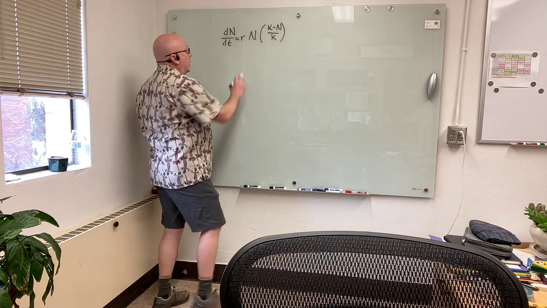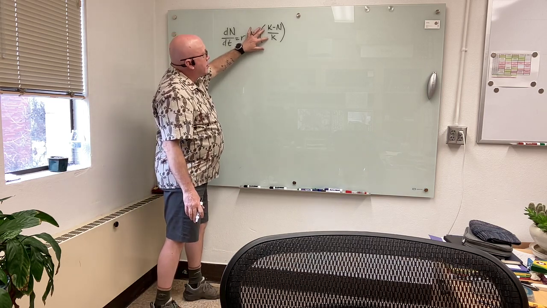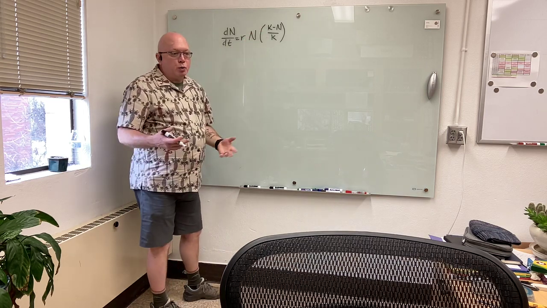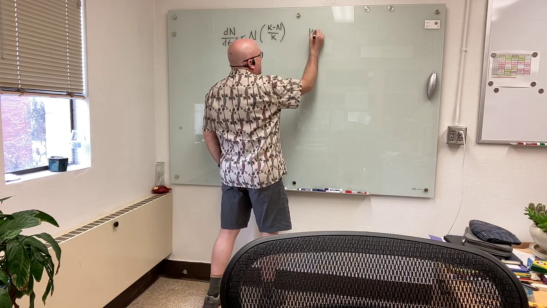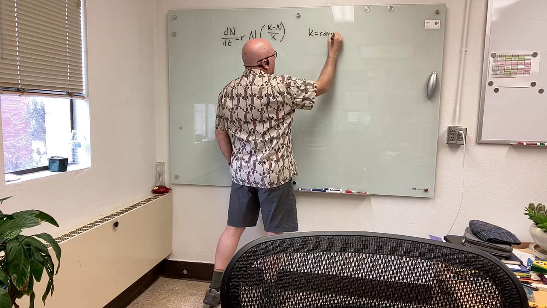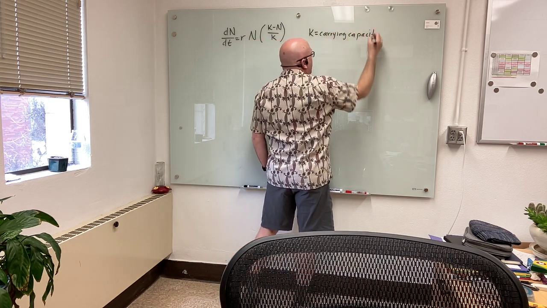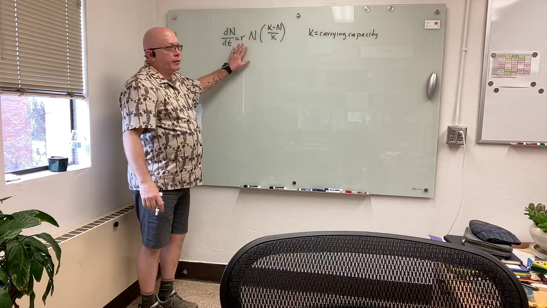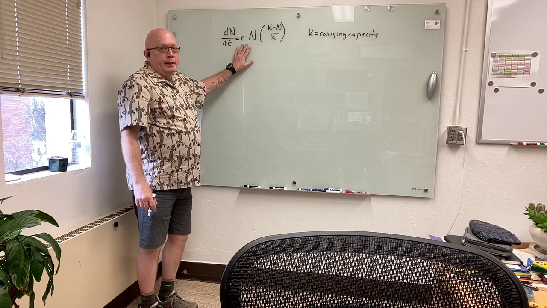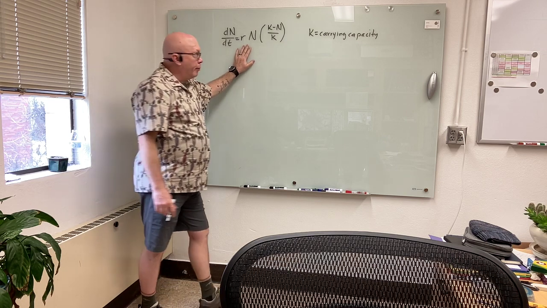And so R is a constant. Generally, when we're doing the model, we consider K to be a constant, but K can fluctuate as environmental conditions change. But K is basically carrying capacity. And so introducing this idea of carrying capacity into the equation allows us to account for the fact that populations can't grow in an unrestricted way, which is what happens in density independent growth.